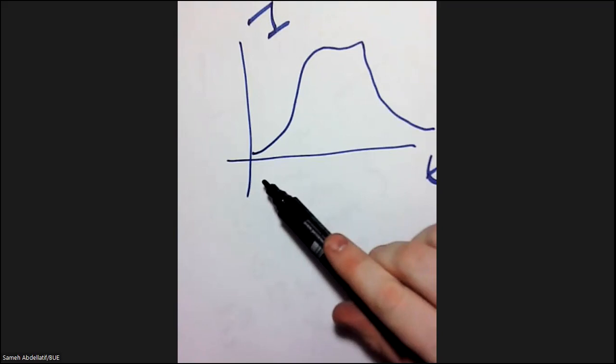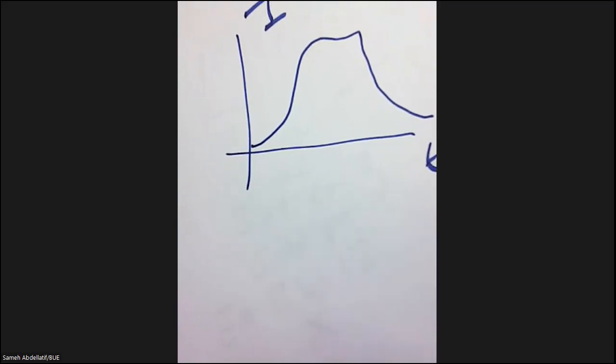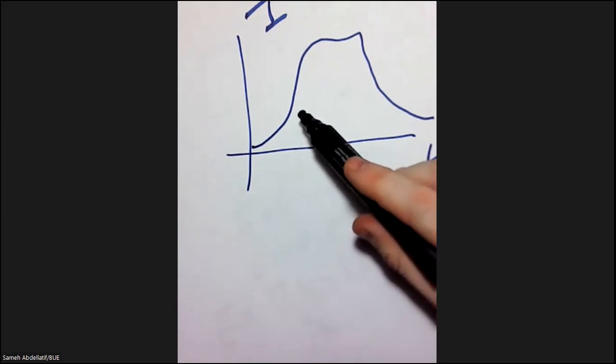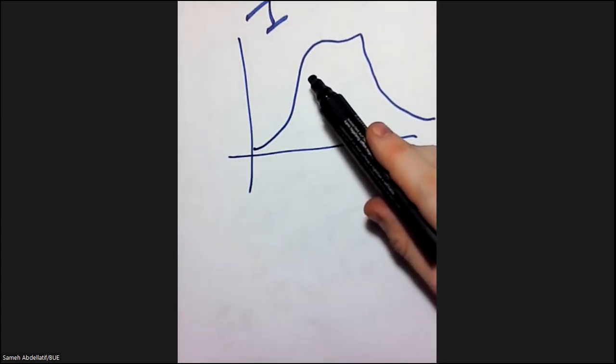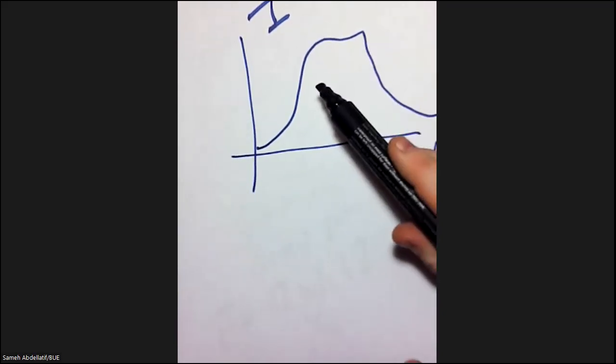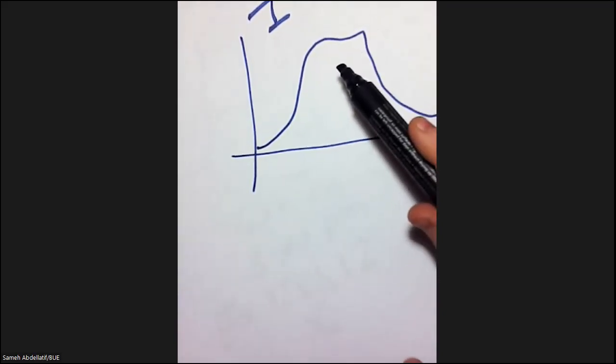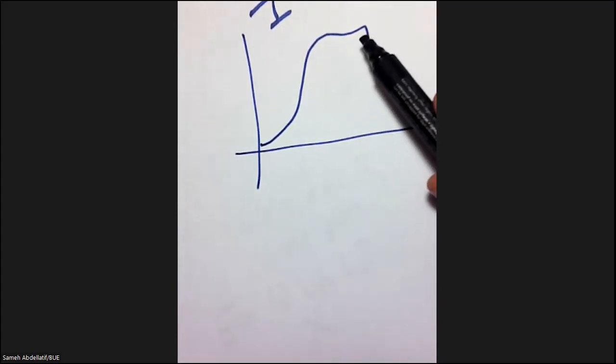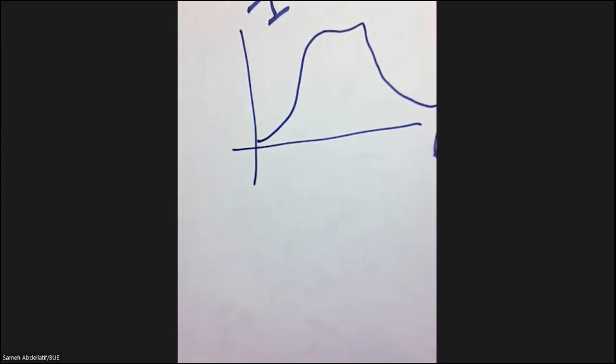So in the early morning, the solar irradiance will be very weak. It rises until it reaches its maximum, maybe around noon time. It will stay at maximum for an hour or so, and then it will reach its minimum.